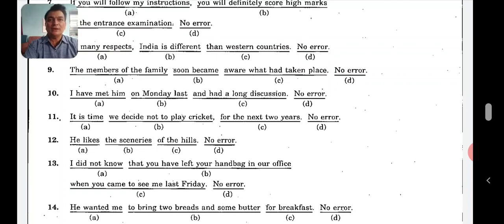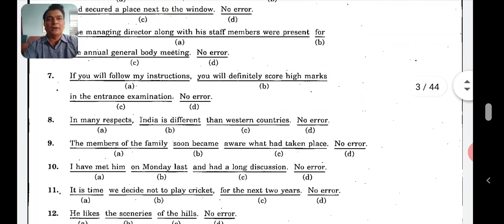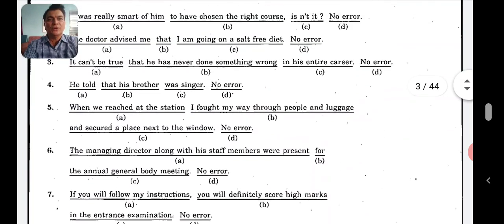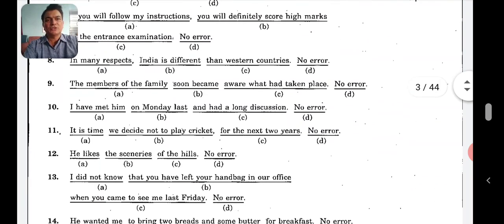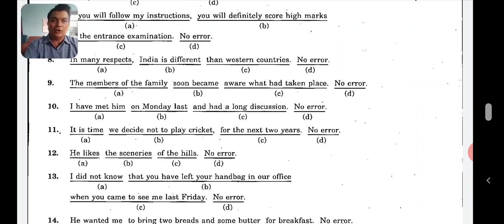We have seen earlier at should be avoided in the case of when we reach the station. So the study of preposition is very important in grammar. So here in the case of this one, aware of. Let's go to the 10th one. I met him on Monday last and had a long discussion.